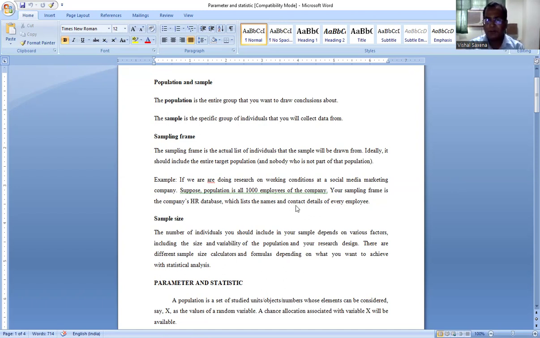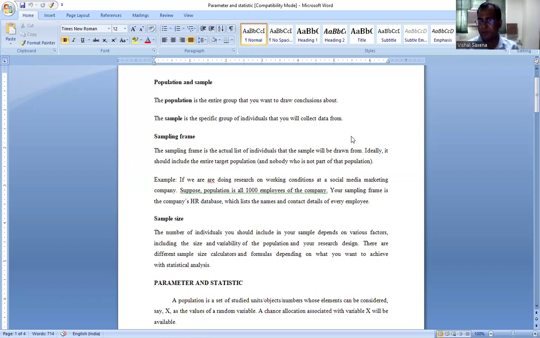So population is the entire group that you want to draw conclusions about. It is the group about which the analysis is to be made, or the results are to be obtained. That is called population.